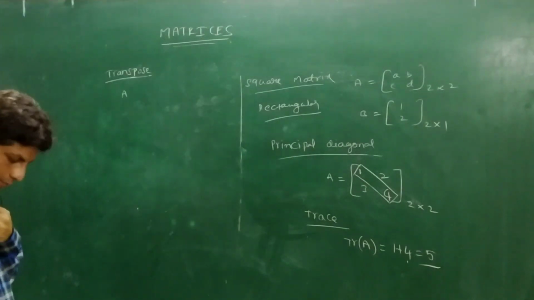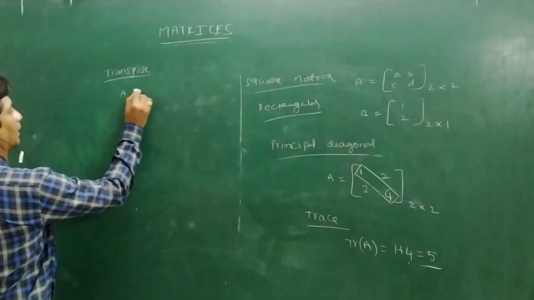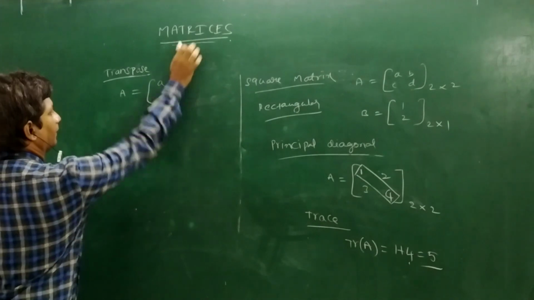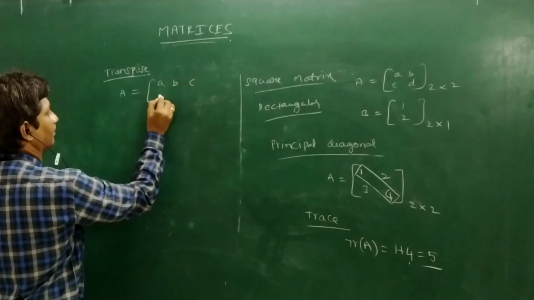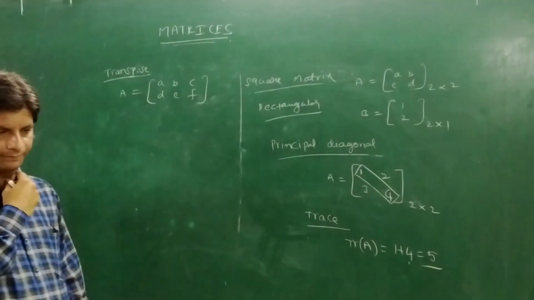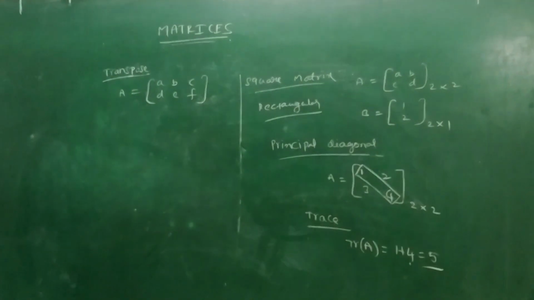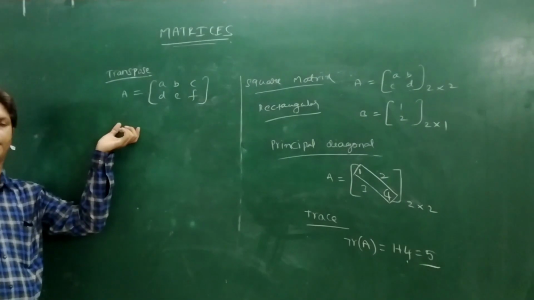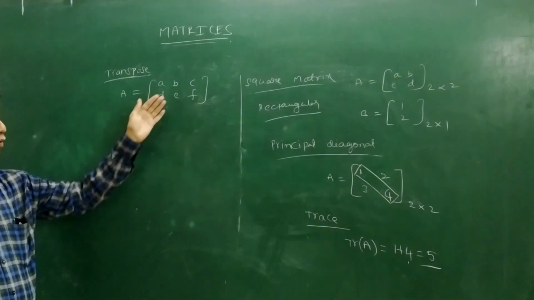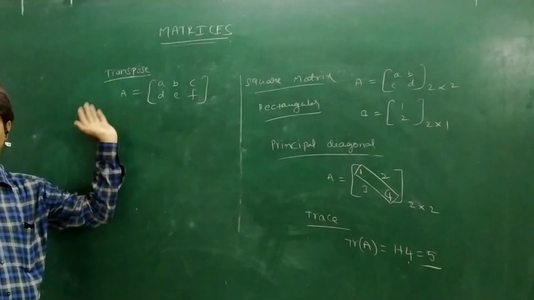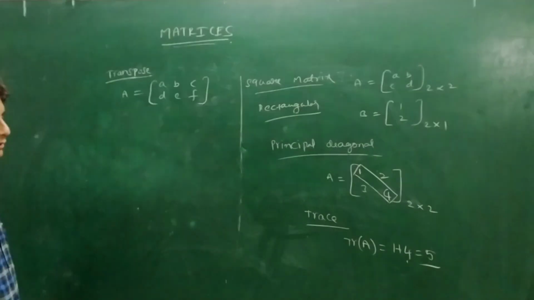Now, what is transpose? Let capital A, I am taking like this: a, b, c, d, e, f. The resultant matrix obtained by interchanging the rows as columns or columns as rows is called the transpose of the matrix.